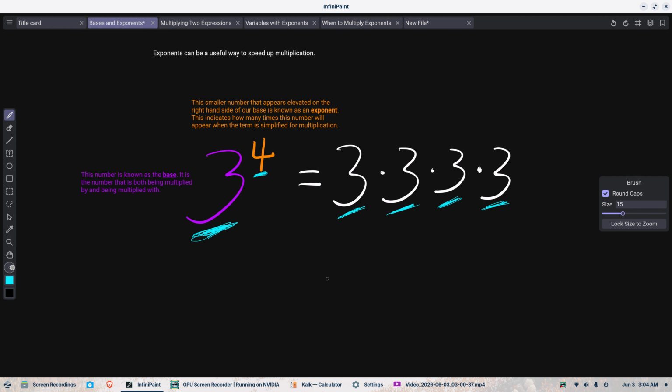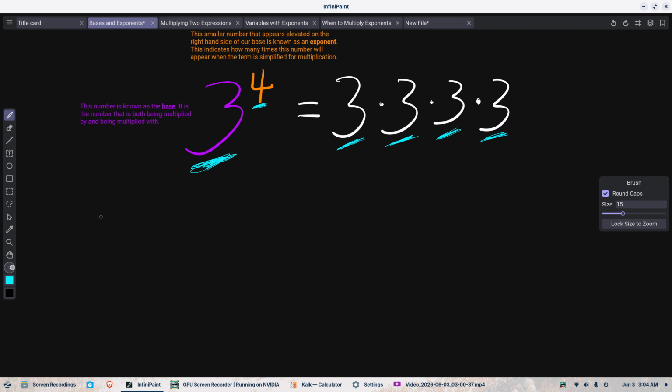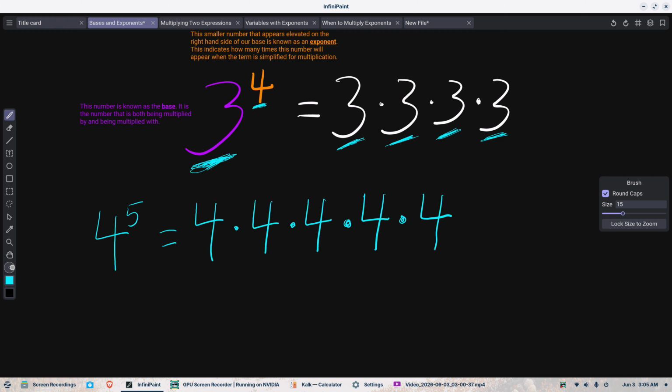Now, to give you another example of what this might look like, say if we had something like 4 to the 5th power, well, this would expand to 4 times 4 times 4 times 4 times 4. And you can see that 4 was written 5 times.